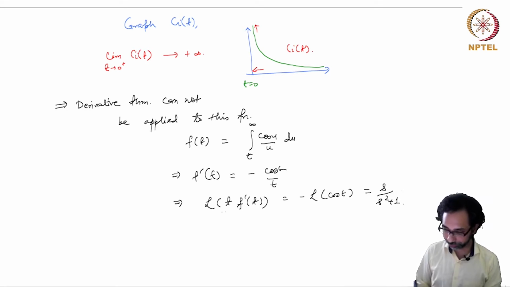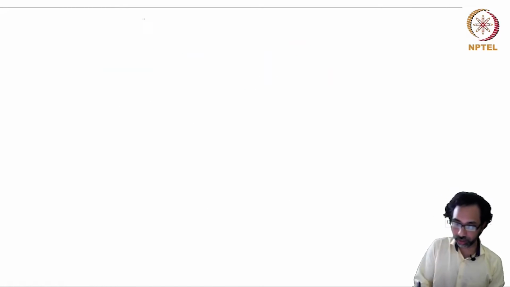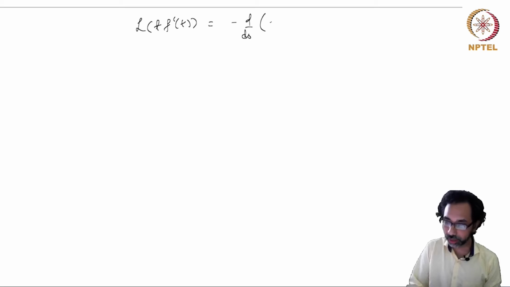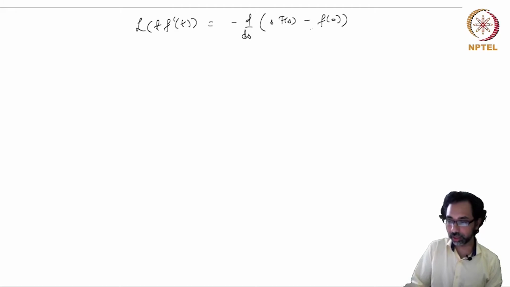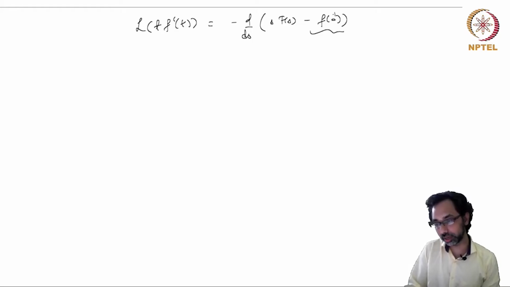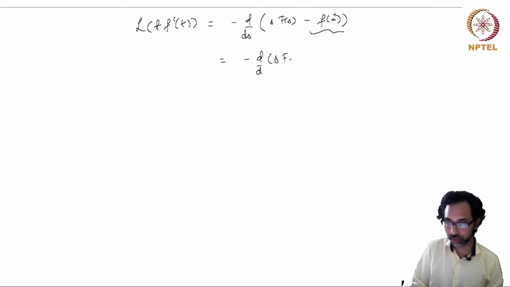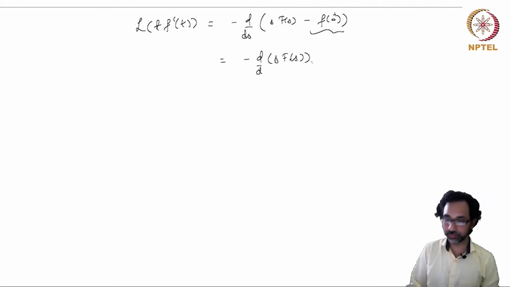But on the other hand, they use the derivative formula. So the Laplace transform of t f prime(t), they use it as minus d over ds of (s F(s) minus f(0)), and they treat this limit f(0 plus) as a constant, and they simply write this as d over ds of s F(s).